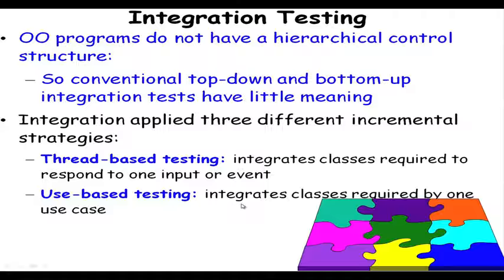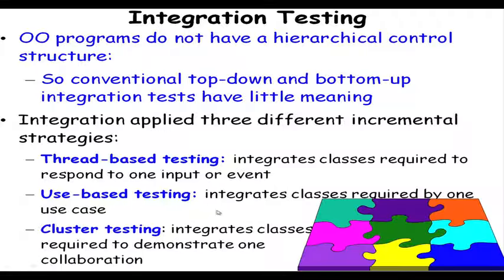Once a use case is executed, we see which methods of different classes participate, and we need to integrate those classes. And then there is cluster testing. So, different classes which collaborate are integrated first. So, even the integration strategies here are different from procedural programs.